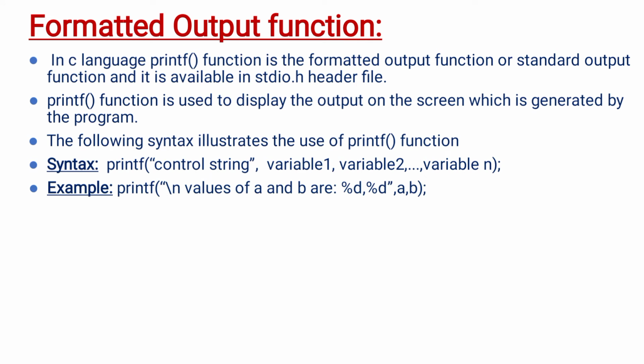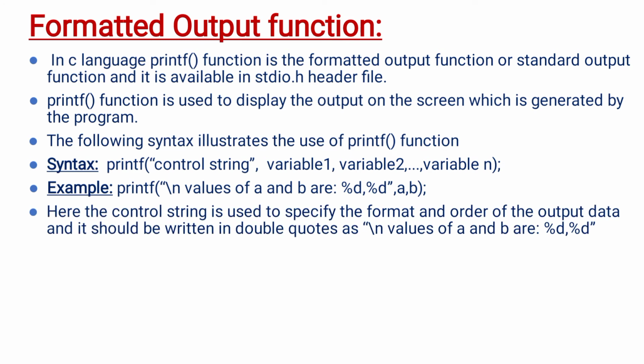Let's see one example: printf, within the double quotes, \n values of a and b are %d, comma %d, double quotes close, comma a, comma b. Let's see what a control string is and what the use of mentioning variables inside the printf is.